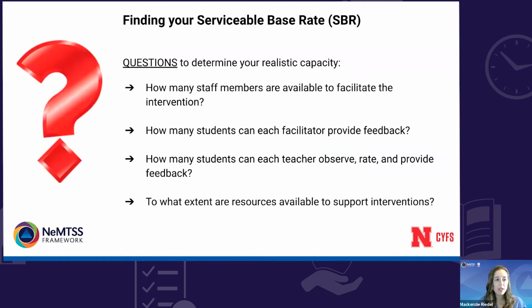Some different questions that you might ask to find your serviceable base rate are: how many staff members are available to facilitate an intervention? Do you have a full-time counselor that can do small groups or lead some check-ins and check-outs? Do you have a secretary or some paraprofessionals that might be able to have their schedule changed so they could provide some intervention throughout their time in the day? There's a lot of different questions to ask.